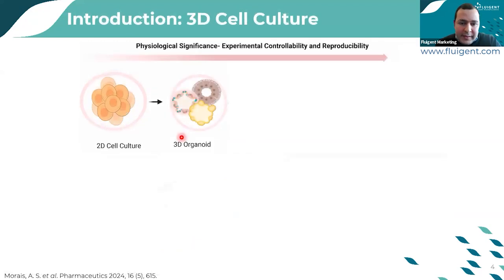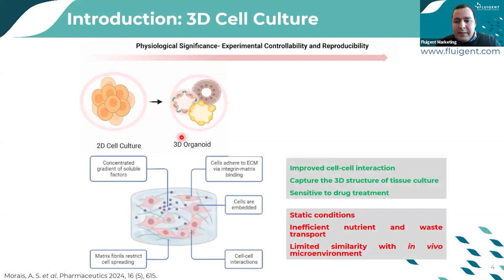If we move to the 3D cell culture or the 3D organoid, even though it improves the cell-cell interaction, captures the 3D structure of the tissue, and is more sensitive in terms of drug treatment, it still has some limitations in terms of static conditions, inefficient nutrient and waste transport, and it is limited in terms of the in vivo microenvironment.